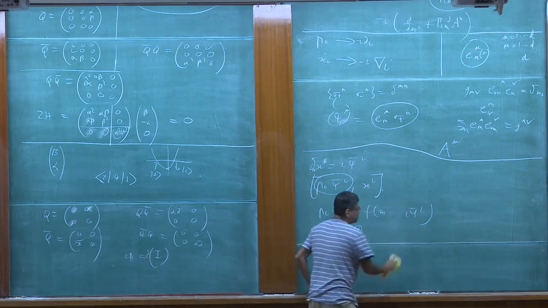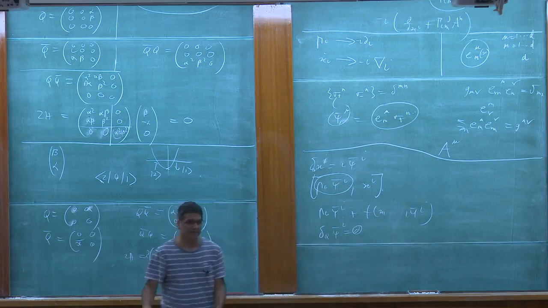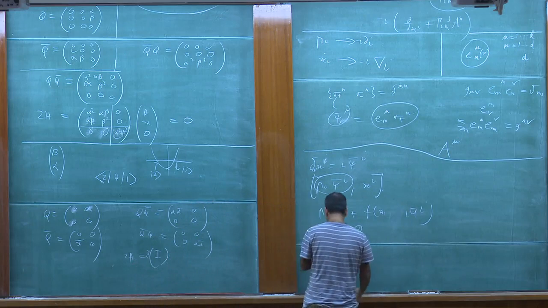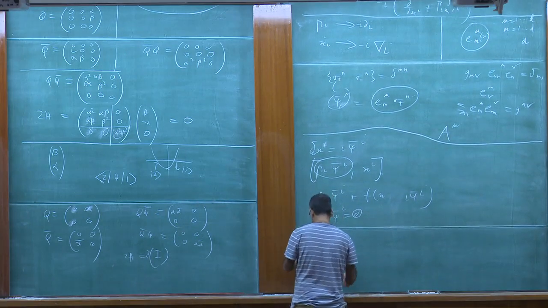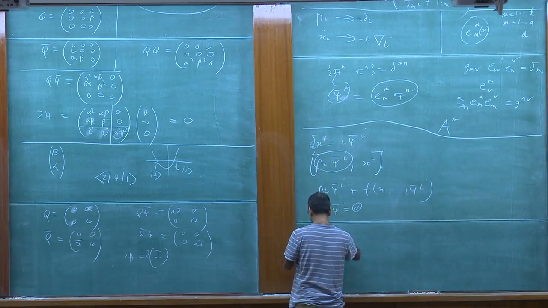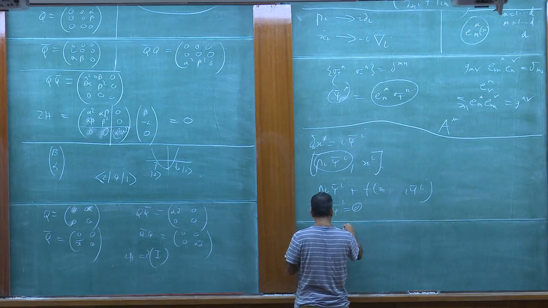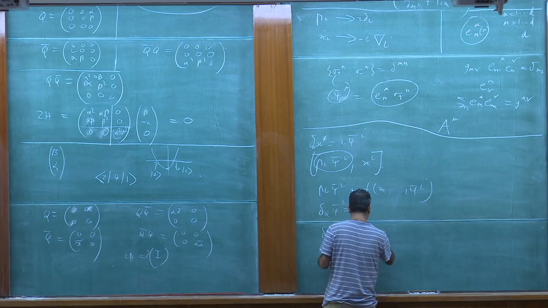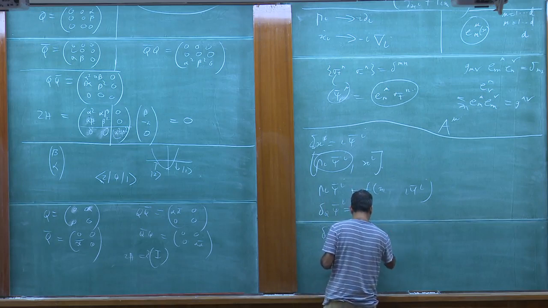But this should not be good, because otherwise you won't get 0. Okay? And the next thing we had was that delta theta of psi i was equal to d xi by dt.